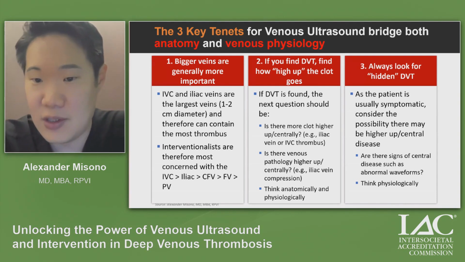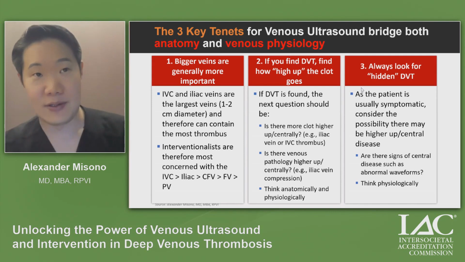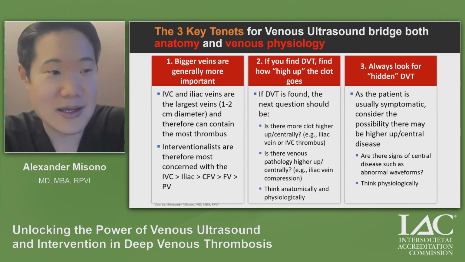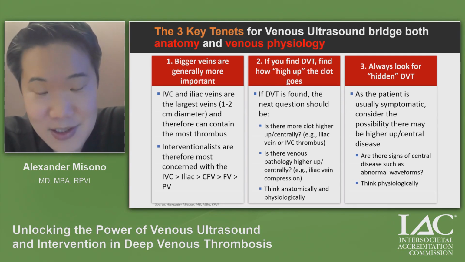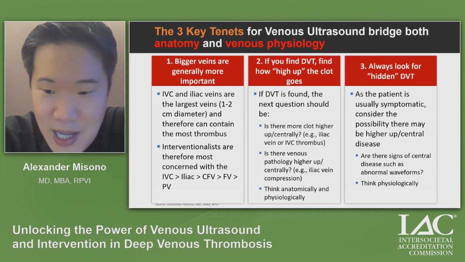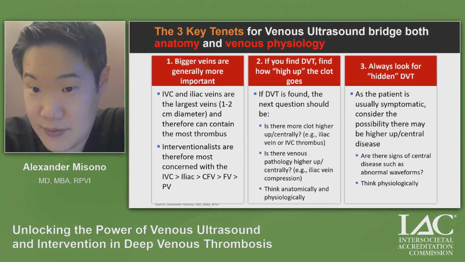And that leads me, of course, to number three, which is that sometimes you will have cases where you can't even find the DVT. The patient's symptomatic and you are scratching your head because there's no DVT. Doesn't mean there isn't a DVT, it just means you haven't seen it. And so if there are, for example, abnormal waveforms, do not overlook those.